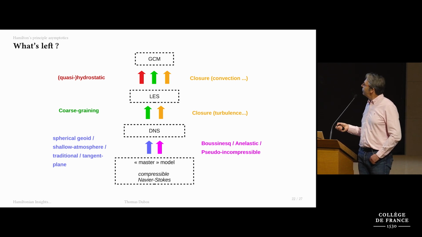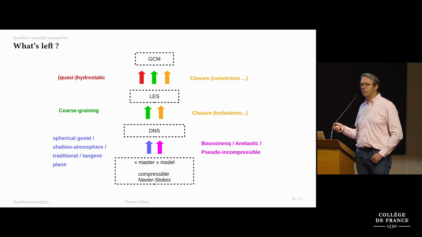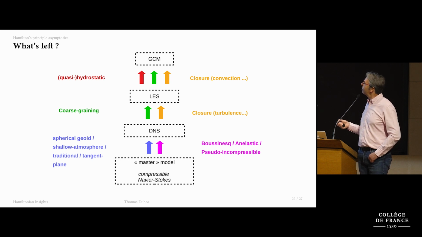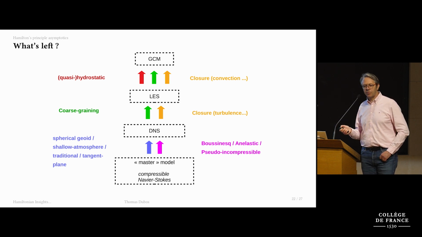What we would like to do is to do this coarse graining and at least reach the stage of so-called large eddy simulations, which are simulations that capture only the scale of a few tens of meters, for instance. And every time you do a coarse graining, you have extra terms in your equations that you cannot really determine from first principles.